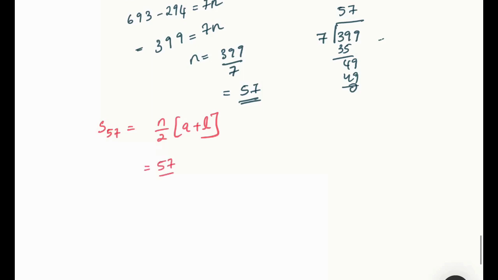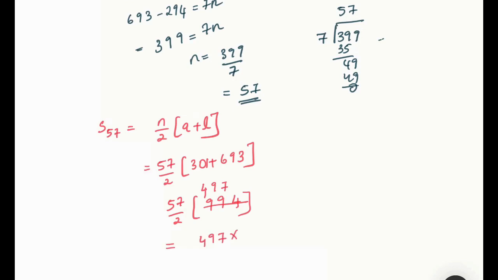57 by 2 into 301 plus 693. 301 plus 693 will give you 994. 994 divided by 2 will give you 497. So finally the answer will be 497 into 57.